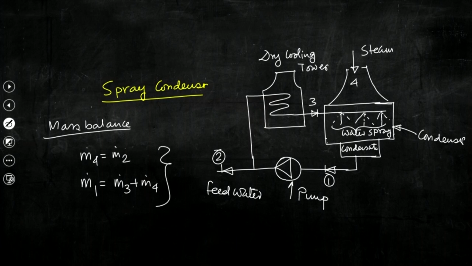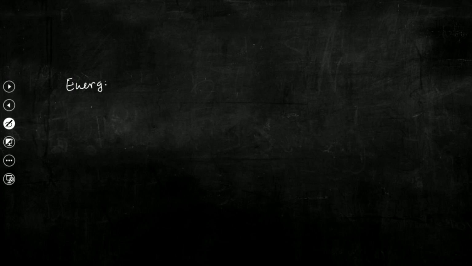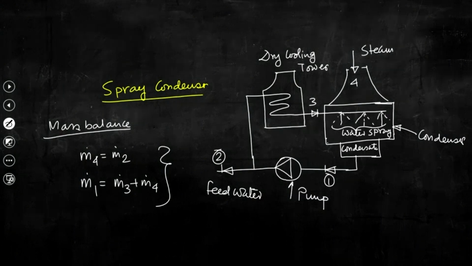So, this is the mass balance, and if we go for the energy balance, then we can write the enthalpy of the steam that is available at the inlet of the condenser plus the enthalpy of the coolant that is available at the inlet of this condenser.